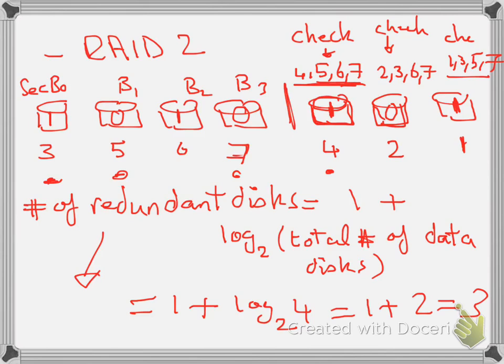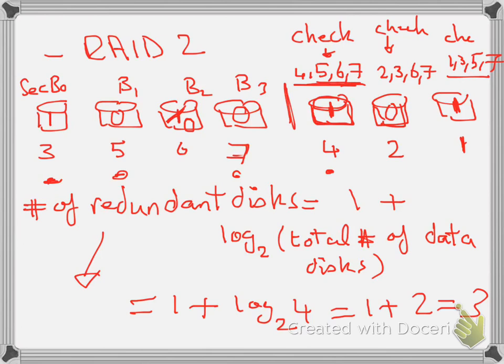Let's take an example. Assume that for some reason this one, by mistake, went to 0. How will we be able to catch that error?